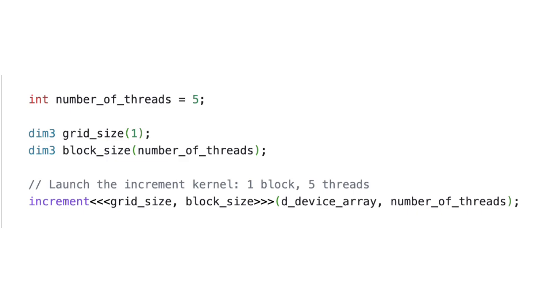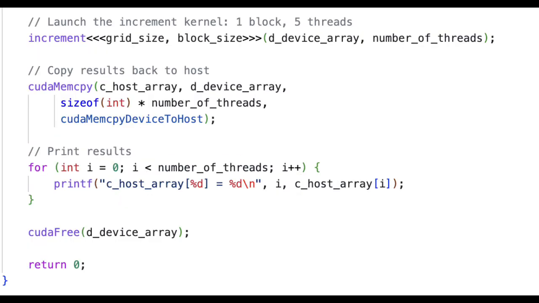Each one gets a different threadIdx.x from 0 to 4, and each thread increments its own scalar. The rest of the code just copies the array from the GPU back to the host array, then prints out the results and frees the memory with cudaFree.